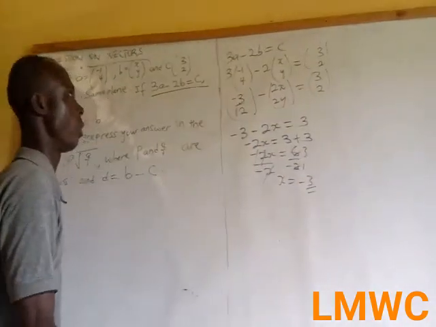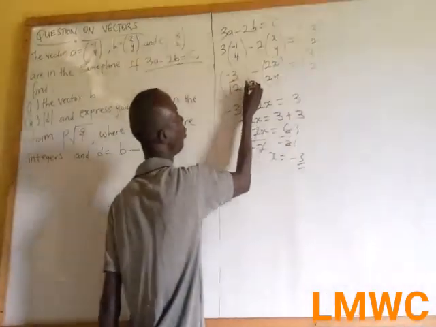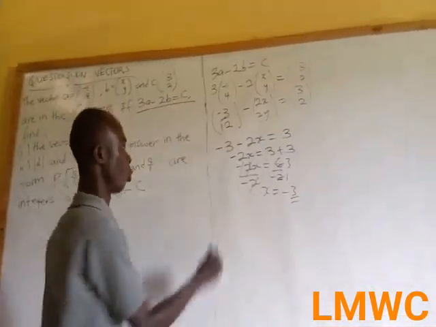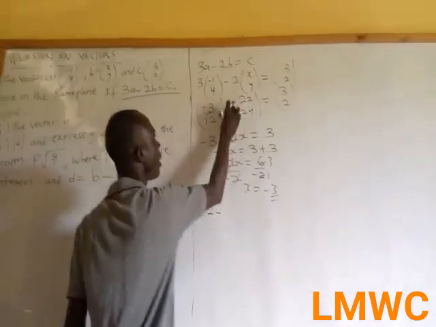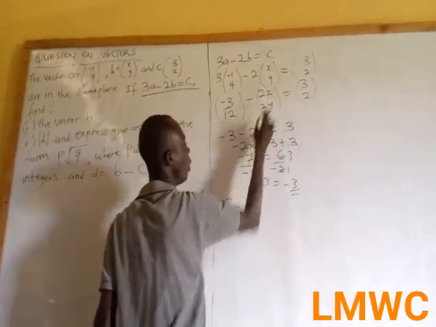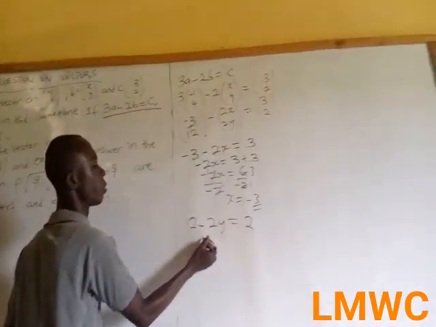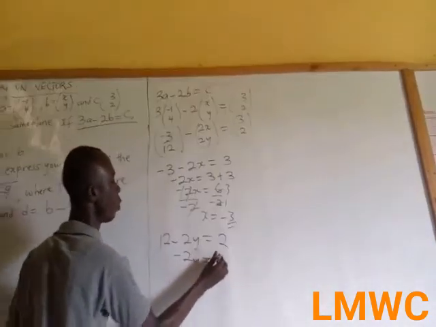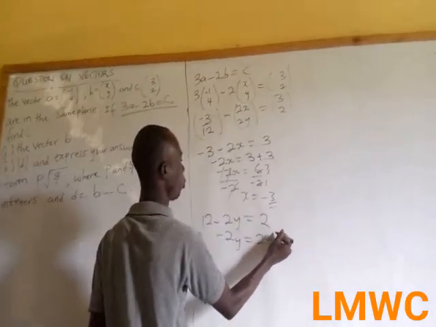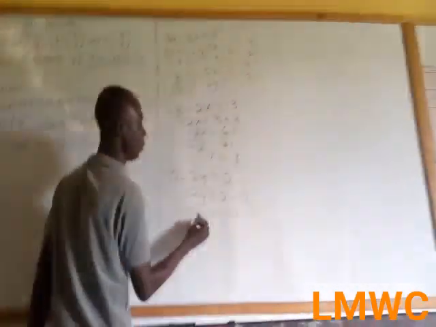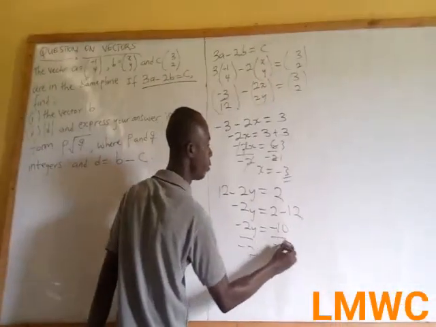That's our first value. For the second one, we equate the numbers at the bottom. So it becomes 12 minus 2y equal to 2. You group like terms. So it becomes negative 2y is equal to 2 minus 12. Negative 2y equal to negative 10. You divide by negative 2.